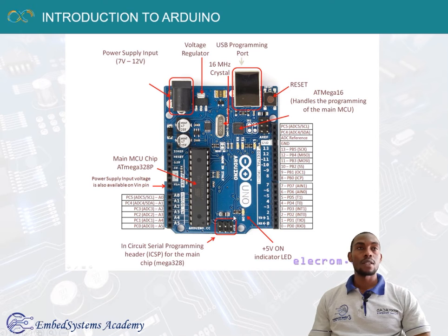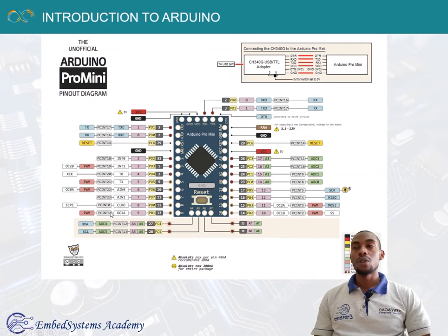Most of these Arduinos have a 5 volts indicator light to indicate when the board is on. There are various variants of Arduino. There is Arduino Mini, there's Arduino Pro Mini, and this is one.